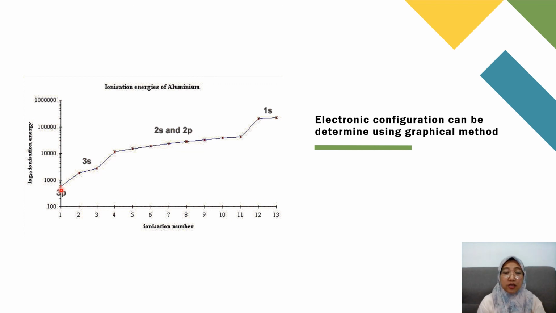Kalau kita buat electronic configuration, kita susun from 1s, 2s, 2p, 3s. Tapi ini ionization energy, kita nak remove the electron, so kita mula daripada belakang. 3p ada 1 electron sahaja, 3s ada 2 electron, 2s, 2p, and 1s.